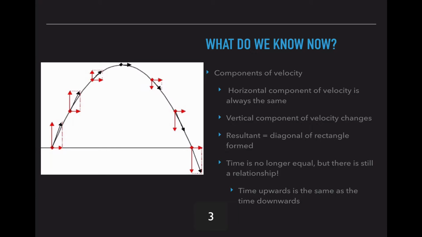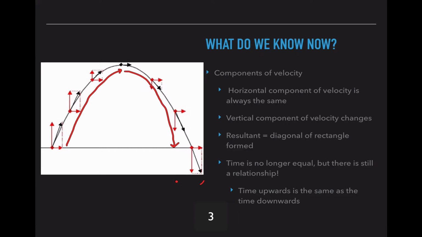In addition to the fact that we now have both directions of motion, an upward motion and downwards motion, time is no longer the same in both directions. The x time and the y time have a relationship, but they are no longer directly equal. So this path of a projectile, the object is going to follow and go up to the top and then fall back down to the ground.